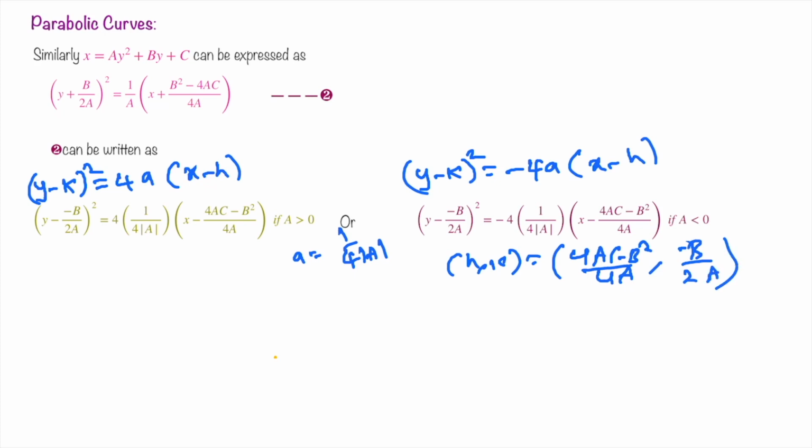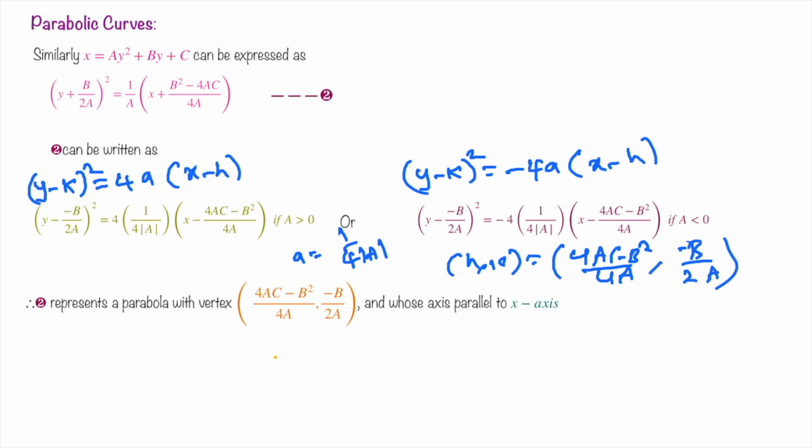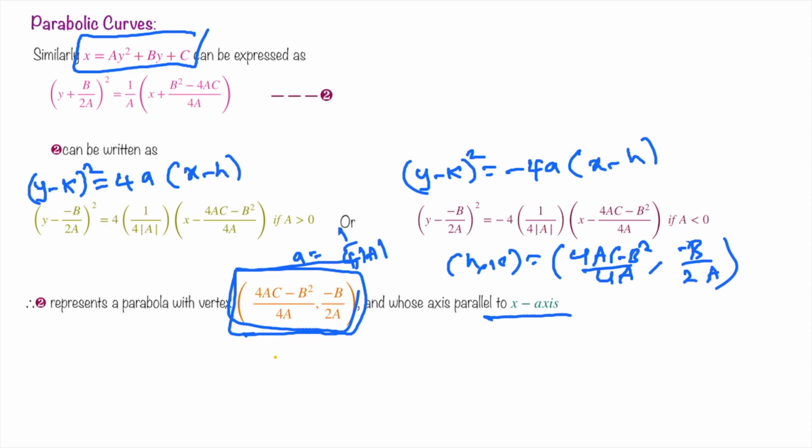So, looking at this equation, we can tell that these equations represent a parabola with vertex 4ac minus b square by 4a comma minus b by 2a, and whose axis will be parallel to the x-axis. Okay, so x equal to ay square plus by plus c always represents a parabola with vertex 4ac minus b square by 4a comma minus b by 2a, and axis will be parallel to the x-axis. Fine. Okay.